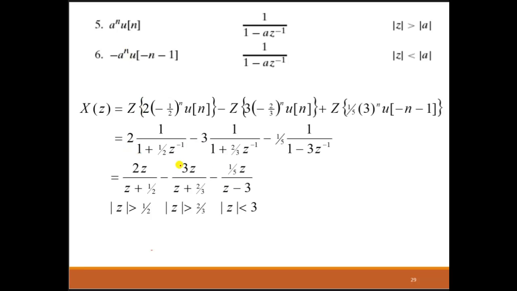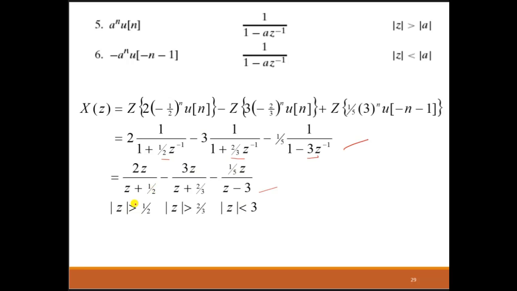So this is what you get, alright, and then you can stop at this Z transform, because you can already see its poles. Okay, but you can also write it as such. No problem. So this is okay, this is okay.